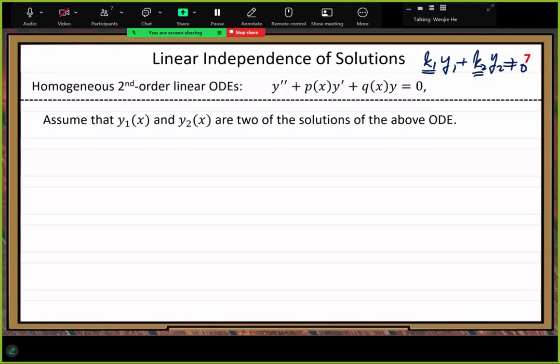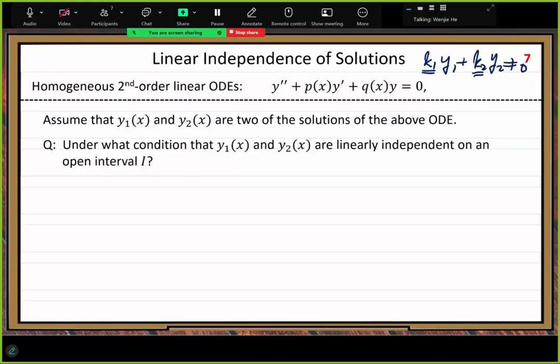Then, the question: under what condition are y1 and y2 linearly independent on any open interval I? Here you can see we frequently use that open interval I. We need solutions on some open interval I.